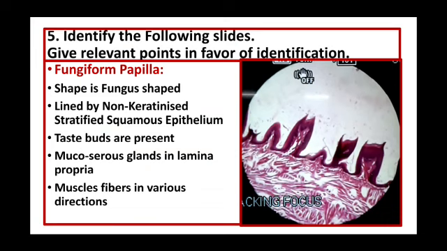So in the lamina propria, you can see the seromucous glands will be present, and skeletal muscles running in various directions are seen. So in the same section, both the filiform and fungiform papillae are focused.